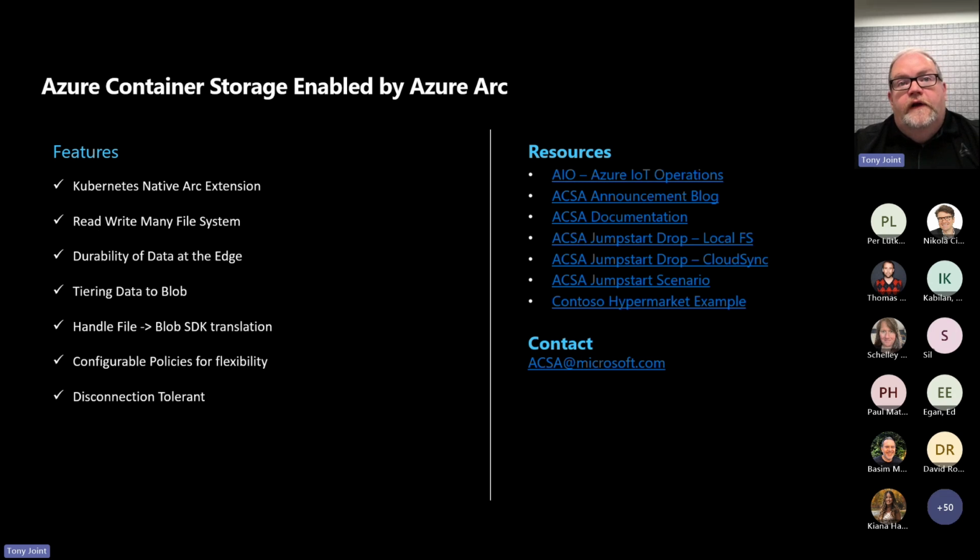You can install AIO and use AIO as a baseline, or we are also leveraging Jumpstart so that you can install different types of Jumpstart applications to be able to test out ACSA. So we have two Jumpstart drops, one for a local file system and one for Cloud Sync. And those are a pretty basic installation that you can use as a baseline to complete your own application testing.